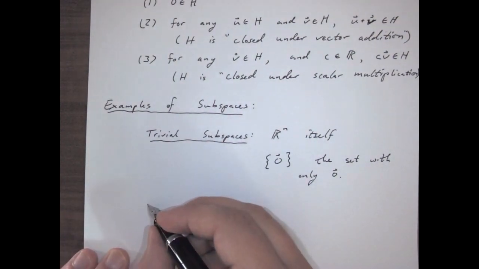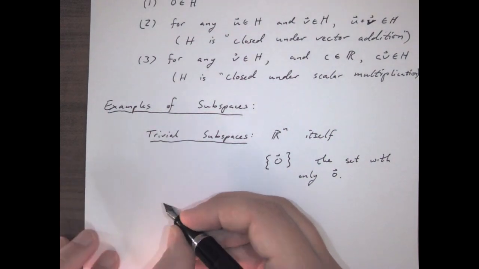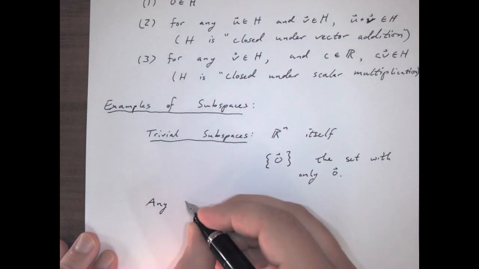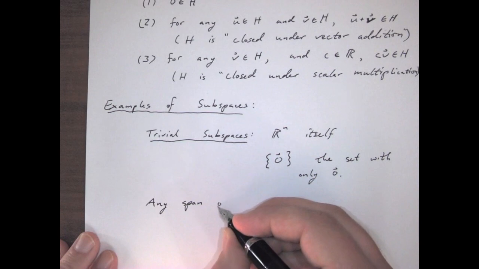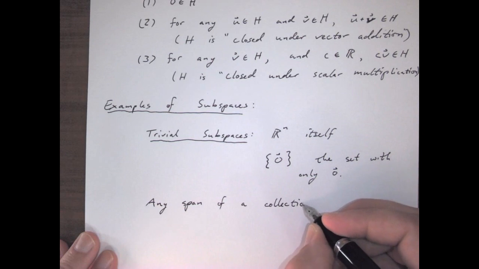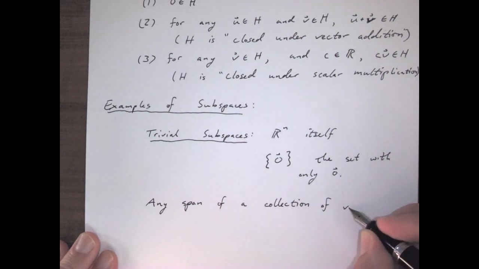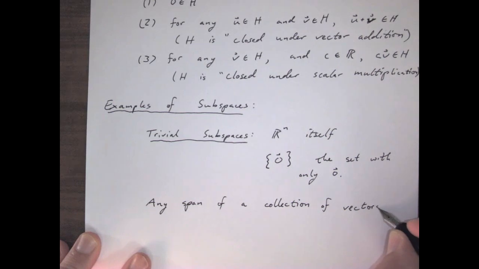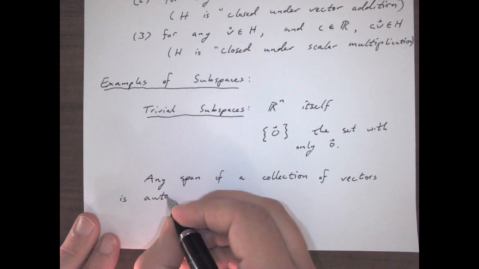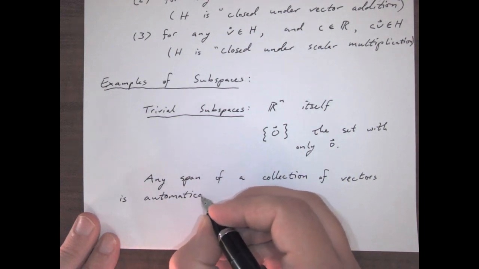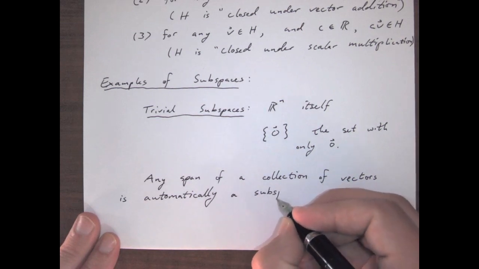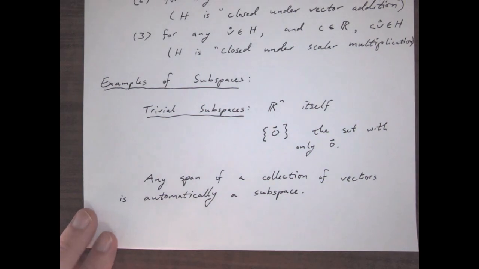So any span of a collection of vectors is automatically a subspace.